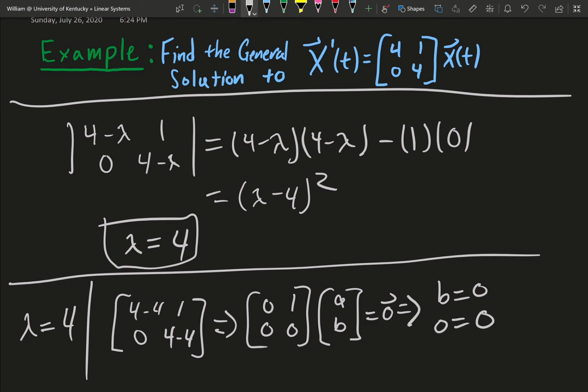Really all we can conclude from this is that b equals 0. It's weird that there's no a here, but it's not actually a problem. We would just say that our eigenvector is c1 times (1, 0).